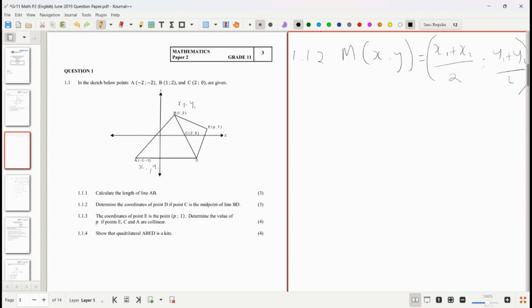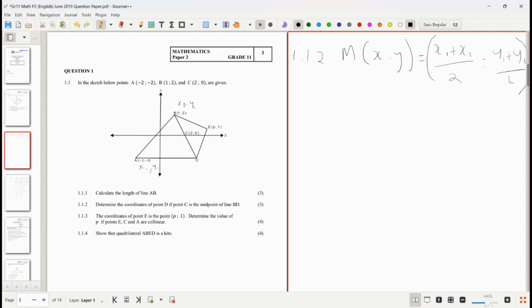So what do we know? From this equation, these are the coordinates of the midpoint. This is the x coordinate of the midpoint, and this is the y coordinate of the midpoint.